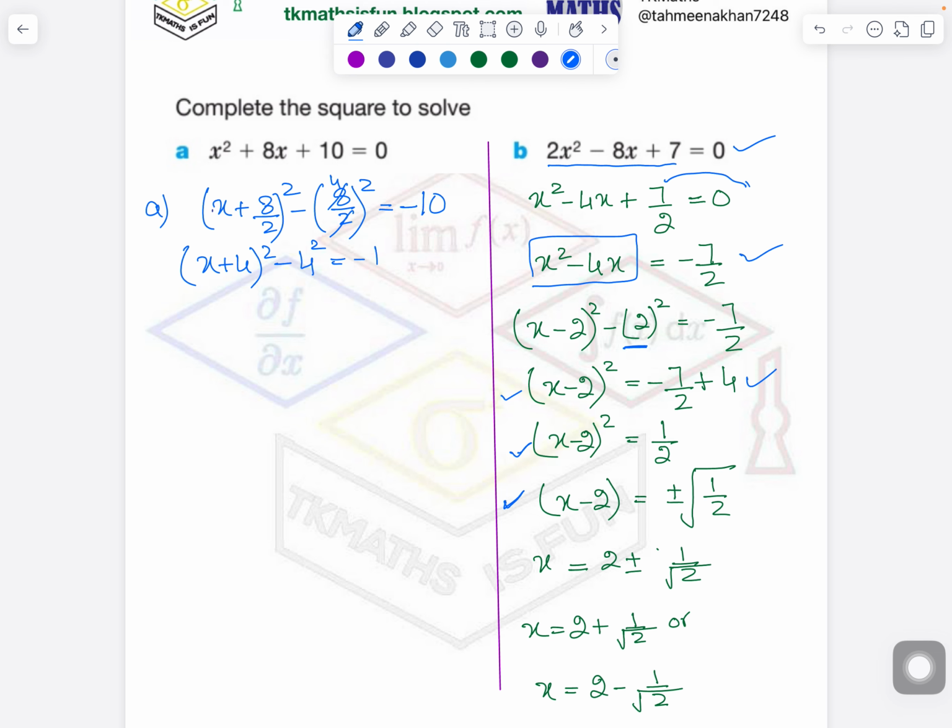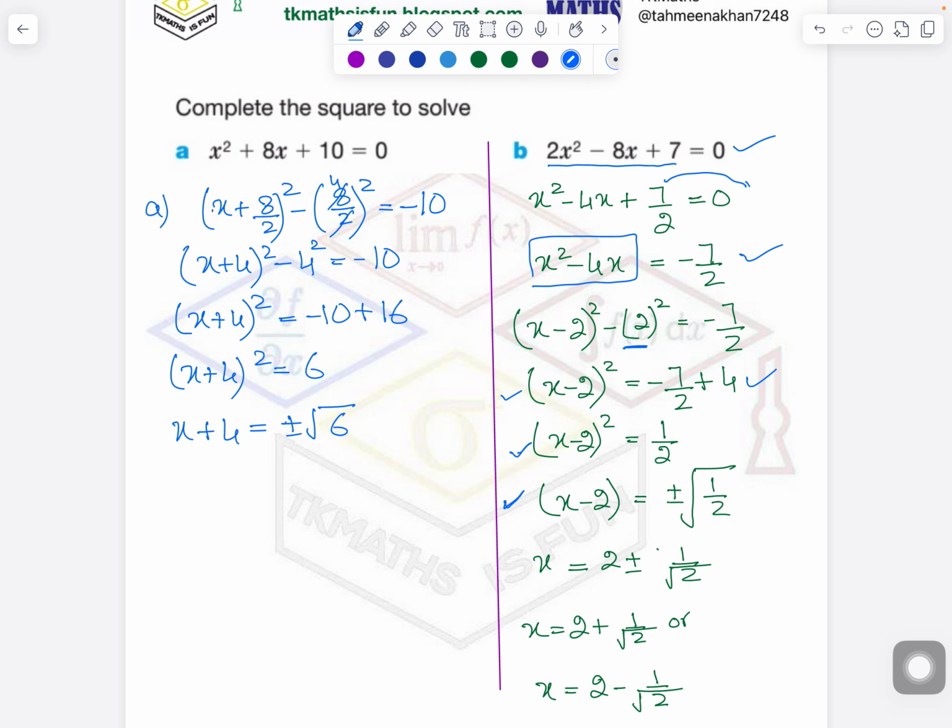So it will become x plus 4 whole square equals to minus 10 plus 4 times 4, which is 16. So x plus 4 whole square is equal to 6. Now you will take a square root on both sides and it will become x plus 4 equals to plus minus root 6.